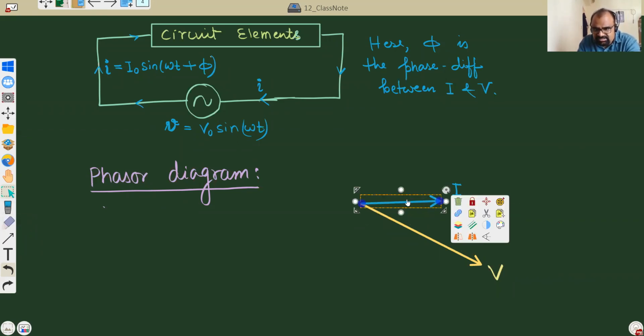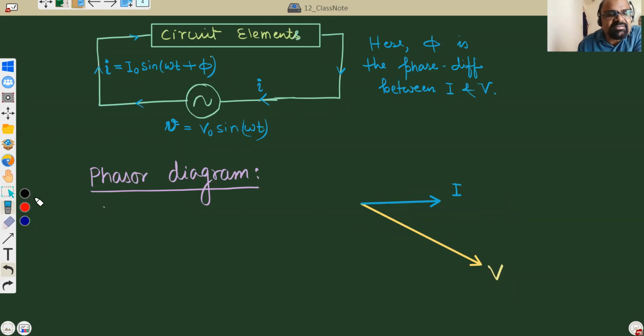Now this angle is phi. Suppose we resolve this current, one component along the voltage and one perpendicular to it. When I say voltage, it means source voltage. We consider this to be one axis and this to be the other axis.